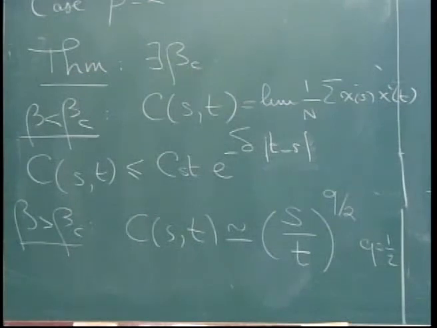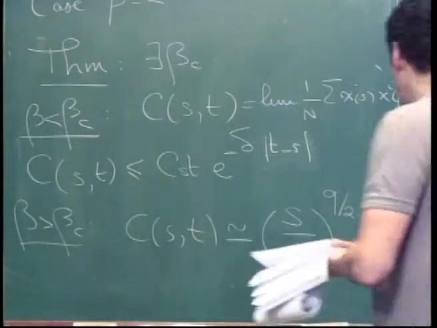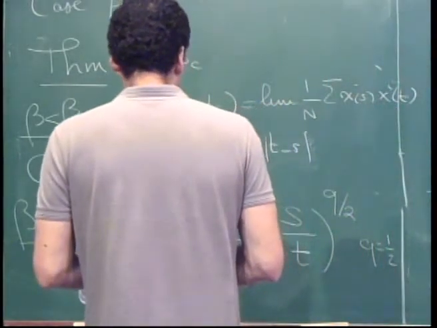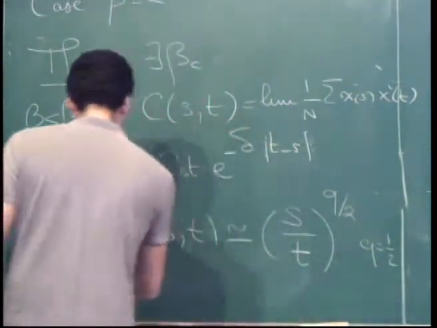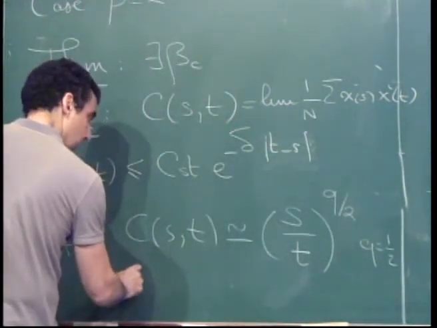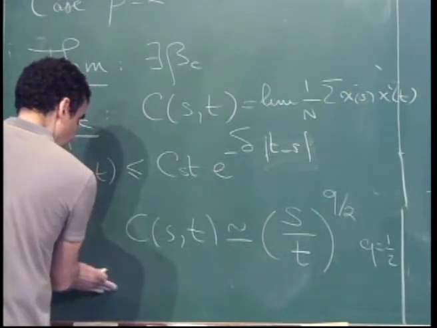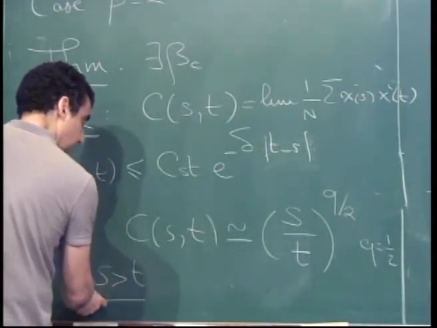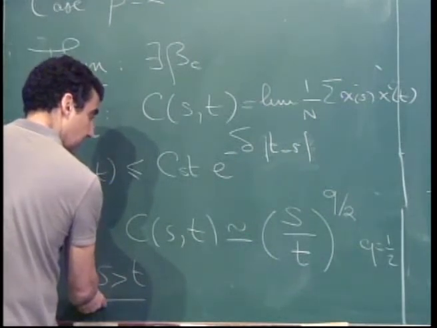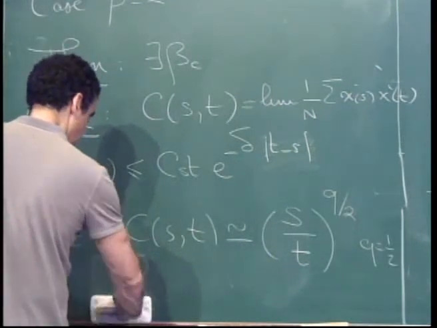So in order for this overlap to become small, you need to wait a time. Let me see, which one is smaller than the other? Here it looks like I chose s smaller than t. No, s is larger than t. Whatever, I can't remember that.